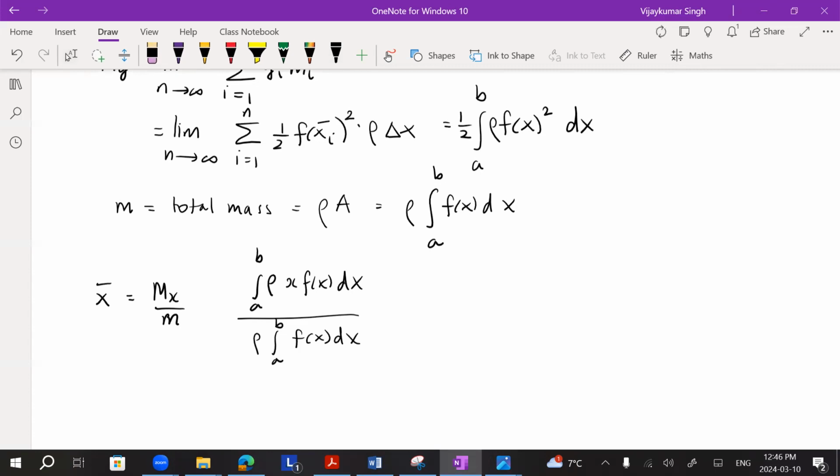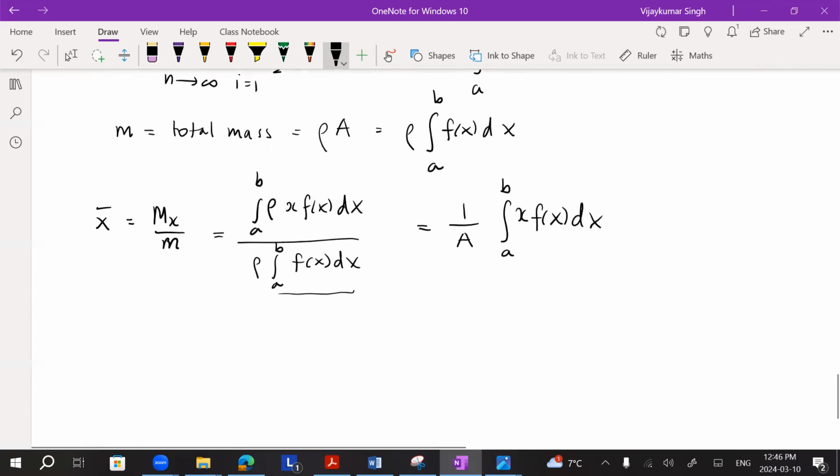Now rho is common in both of them. The rho can get cancelled, right? Rho is a constant, it can come out of the integral. And the bottom simply becomes the area. So we have 1 by A, the integral a to b of x f of x dx.